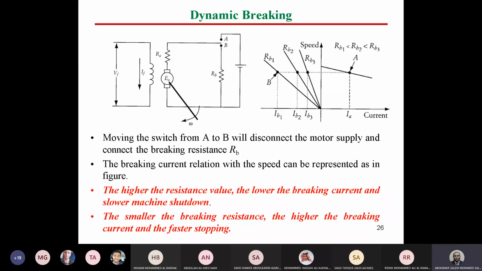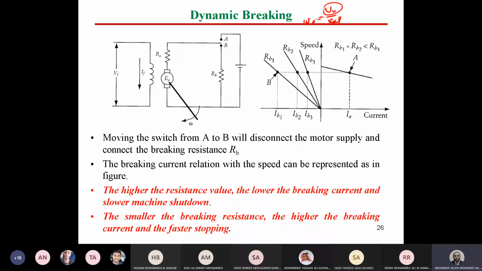سؤال سهل يا شباب. النو لود سبيد الريليشن بتاعتها ايه؟ The terminal voltage. Exactly, V terminal over K phi. صح? Yes. This is now the no load speed. Because the voltage is zero, because you already disconnected the voltage, you have no voltage now.